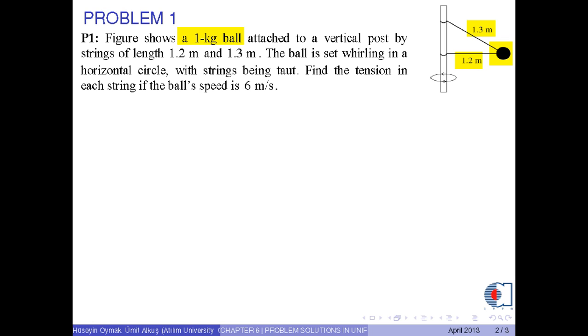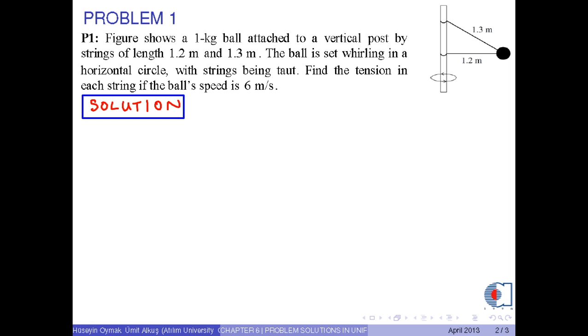The ball is set whirling around the post in a horizontal circle with strings being taut. The question is to find the tension in each string if the ball's speed is 6 meters per second. Okay, let's start to solve this problem.